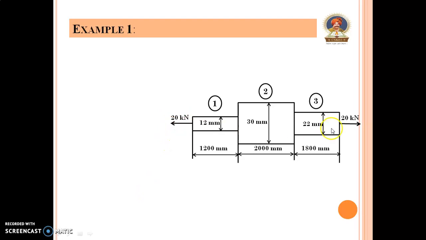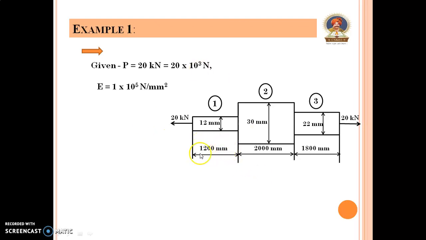In this diagram, the tensile type of force is acting on the body. So P is equal to 20 kilonewton, that is 20 into 10 raised to 3 Newton. Young's modulus is given. E is equal to 1 into 10 raised to 5 Newton per mm square.